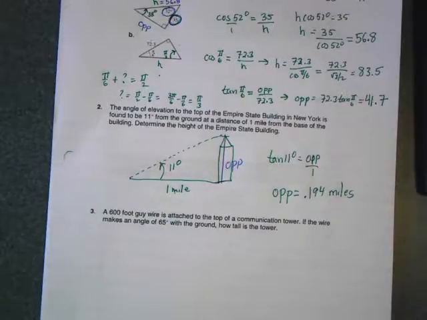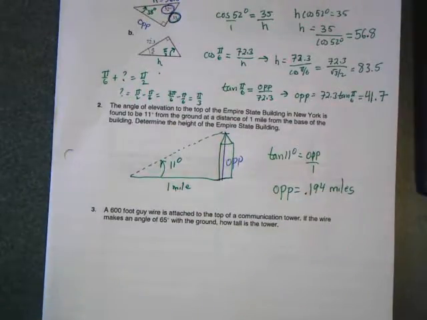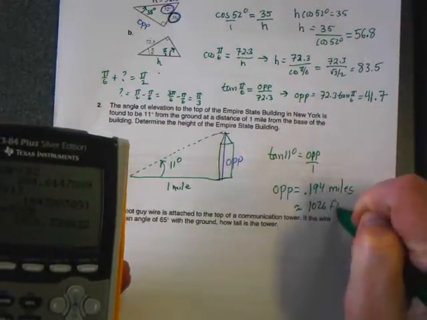How many feet in a mile? 5,280 feet in a mile. That's correct. So I would multiply this number by 5,280. So it's about 1,026 feet tall.